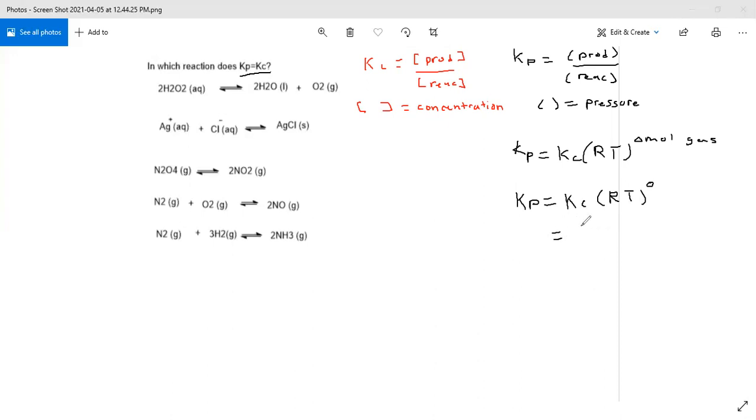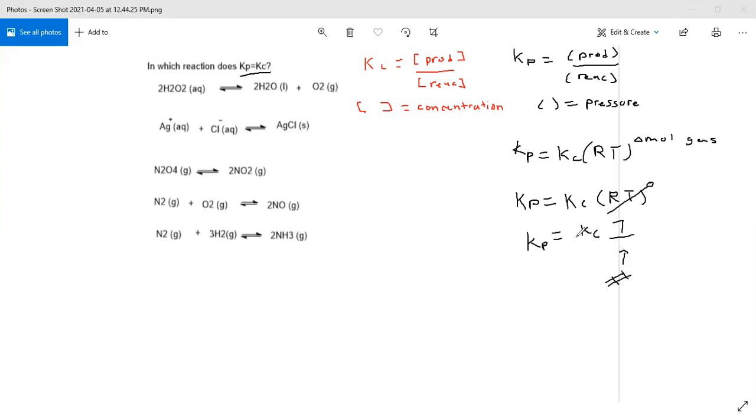So this cancels out, equaling 1, and Kp equals Kc. But if we don't have 0 as our change in moles of gas, like we have 1 or -1, 2, 3, -4, anything, then we're not going to get Kc equal to Kp, because instead of getting 1, we're going to get R times T raised to the power of something, right?